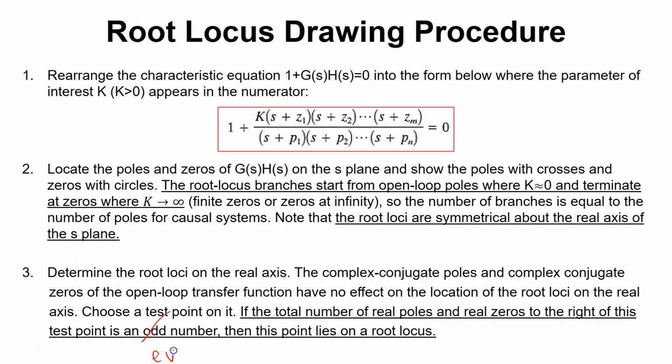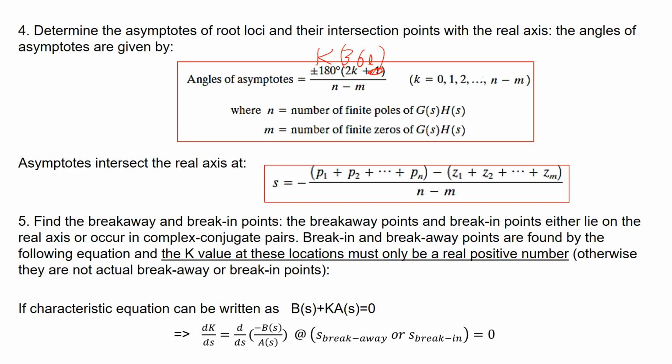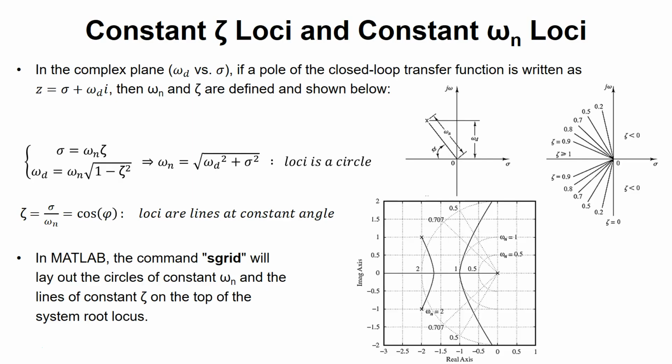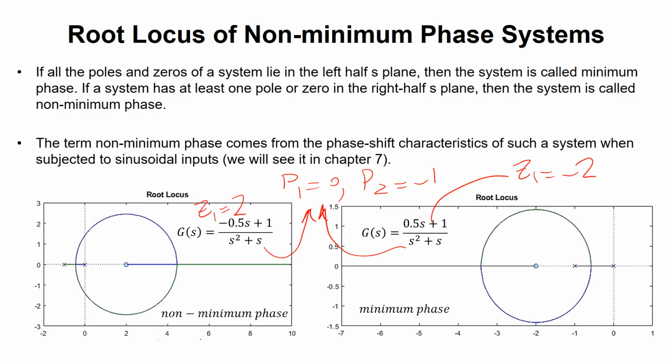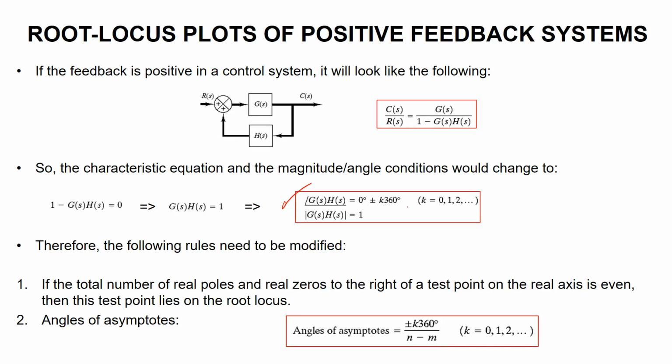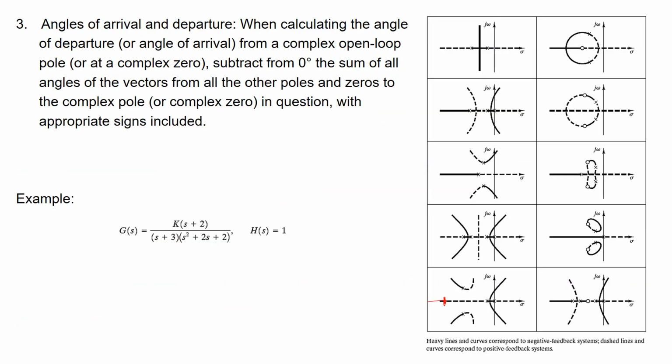Now it has to be an even number. The rest of it stays the same, but these three rules would change if the feedback is positive instead of negative, okay? And that would do the root locus.